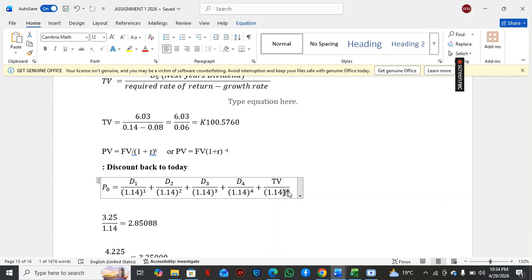So it has to be discounted back 4 years. So don't discount it to the power 5, but to the power 4. Any questions?